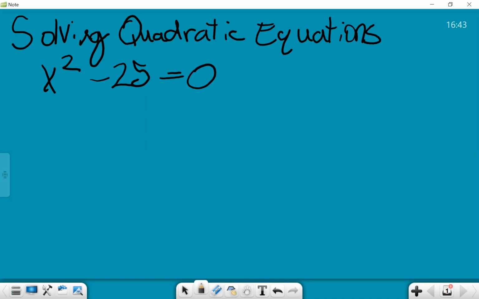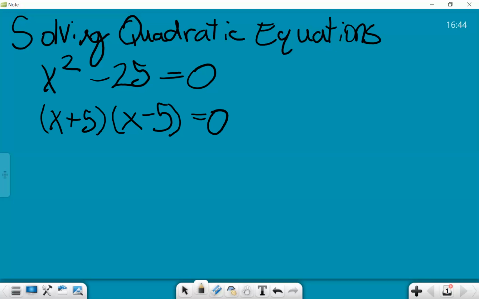And until recently, we would have probably solved this equation using factoring. For example, this is a difference of squares, so we can factor: x plus 5, which is the square root of 25, and x minus 5 equals 0.